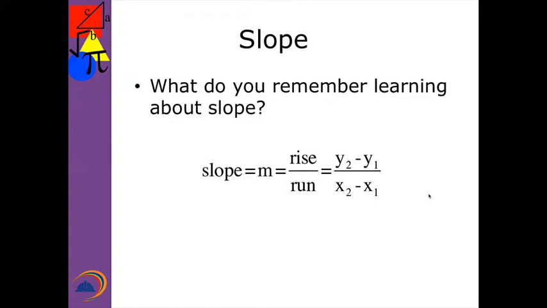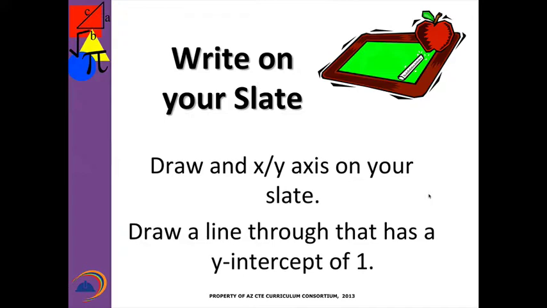All right, so now what I want you to do on your slate is draw an xy axis and then draw a line through it that has a y-intercept of +1. All right, pause the video, and I'll meet you back here in a minute. Welcome back. Let's go to our slate and see what we can do with this.